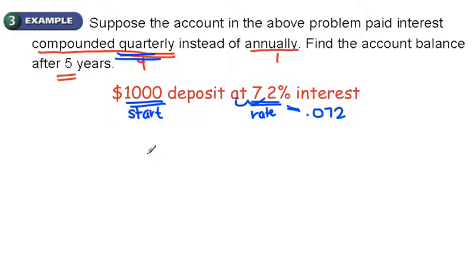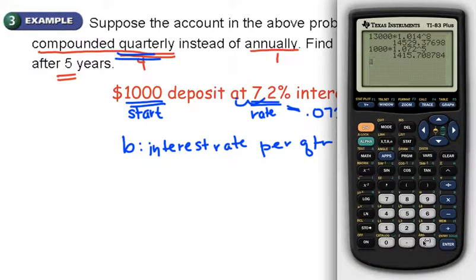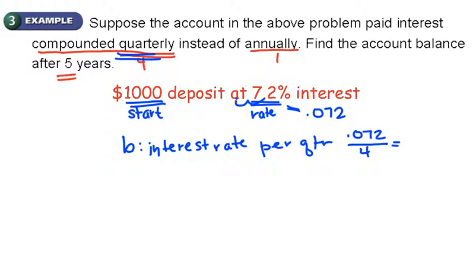The interest rate per quarter is going to be 0.072 divided by 4, and this will be our B. Using the calculator, 0.072 divided by 4 is 0.018. And we would add this to the 1 for our growth factor.